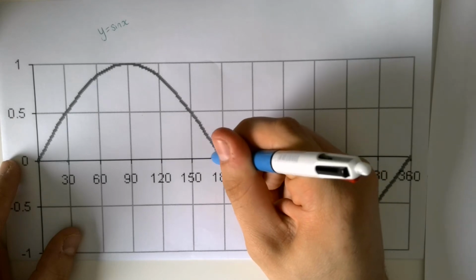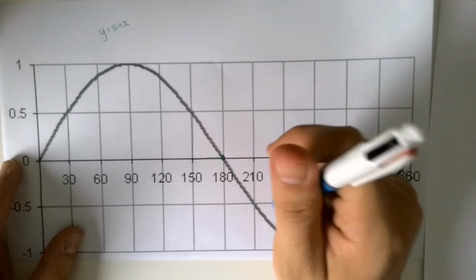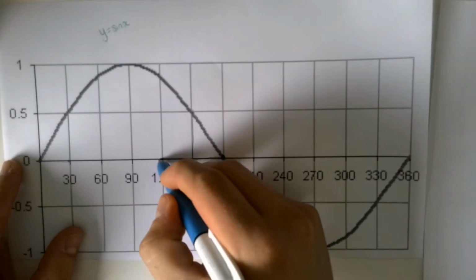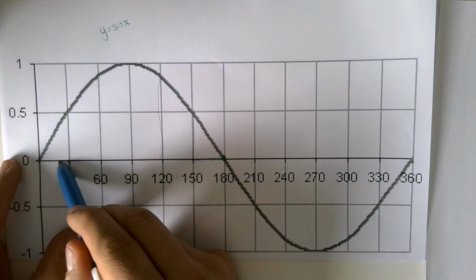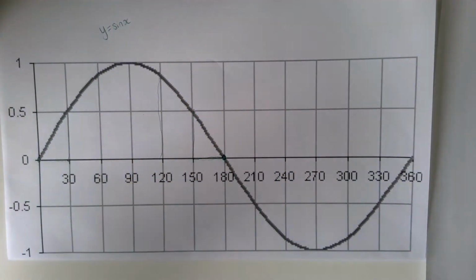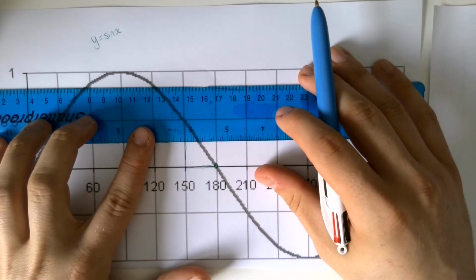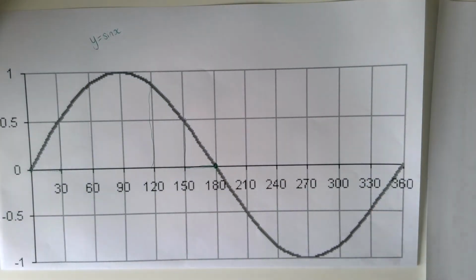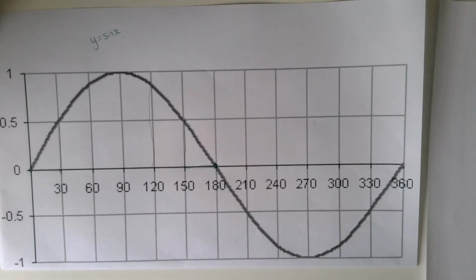If I go 30 across and up, I get 0.5. If I go 60 across and up, I get somewhere around 0.8. 60 across and up, again I get somewhere around 0.8. So there is a nice symmetry there. You can see using a ruler, a straight line, that they would have exactly the same value. So the sine and cos graphs have got that symmetry, which is a useful fact that you will potentially be using later on.